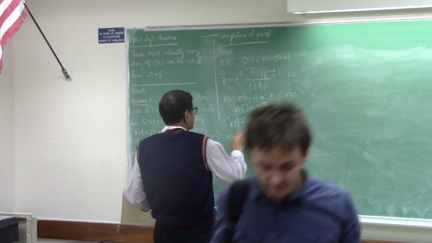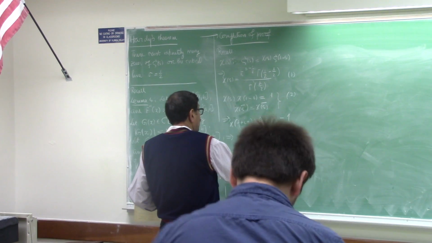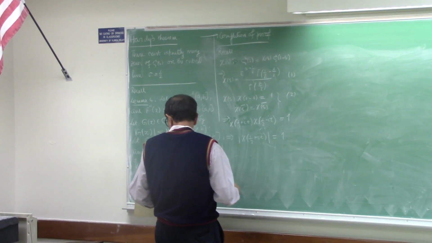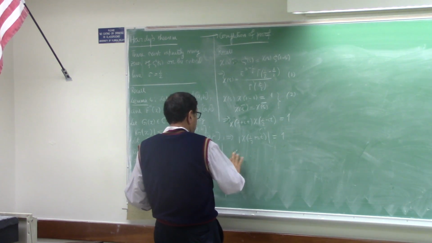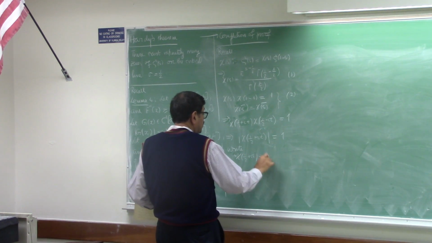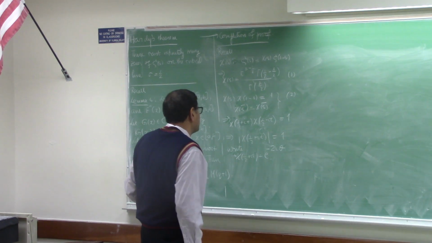So that means the absolute value of chi(1/2 plus it) is 1. And then we wrote chi(1/2 plus it) as e to the minus 2i theta, because we're going to look at chi(s) to the minus half.